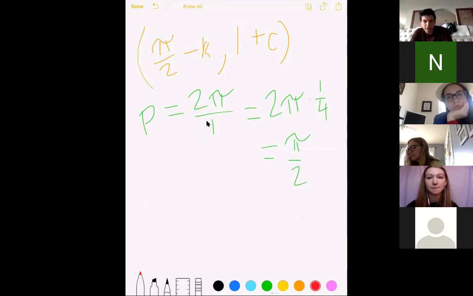It's going to be halfway between 4 pi over 3 and 0. Yes, so it would be 4 pi over 6.